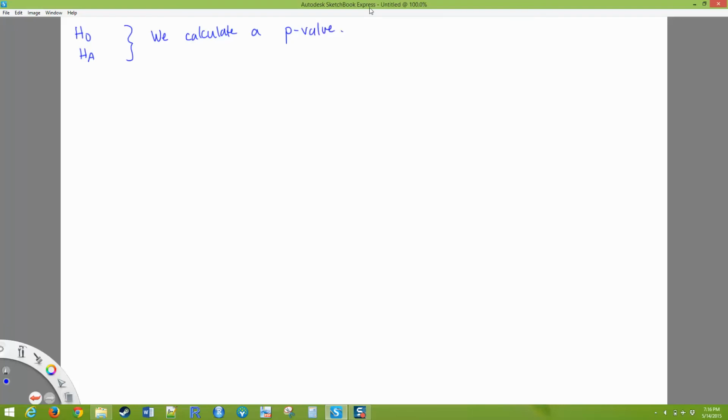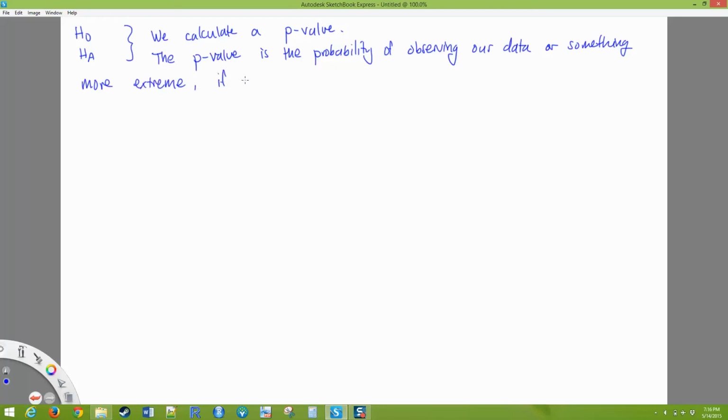And the p-value is the probability of observing our data or something more extreme if we assume that the null hypothesis is true. So the p-value is a probability.